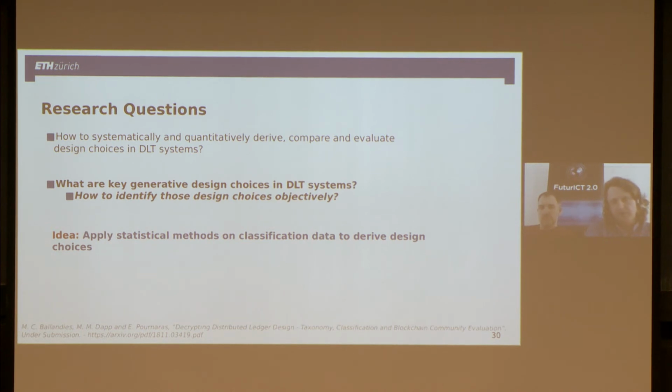Just to remember, the systems which we classified are those which are important and viable. So they are still there. They have a market value. So basically we wanted to learn on these kinds of systems.